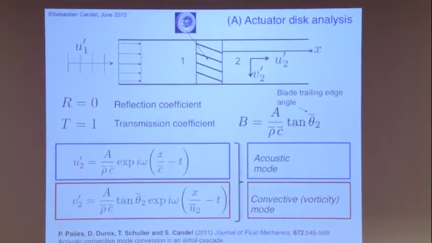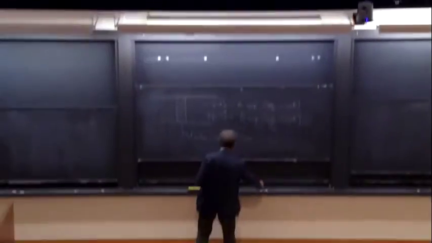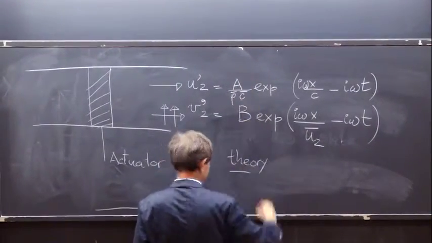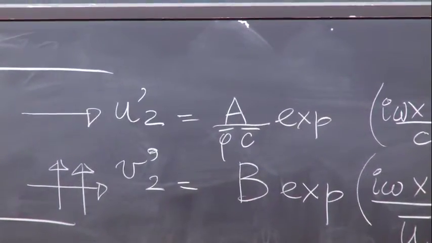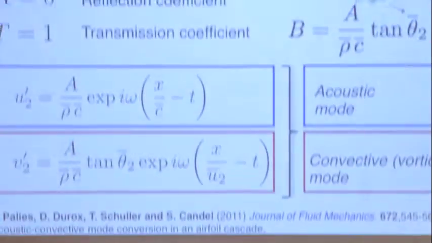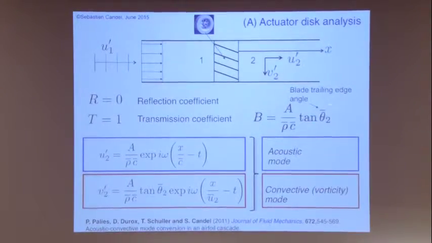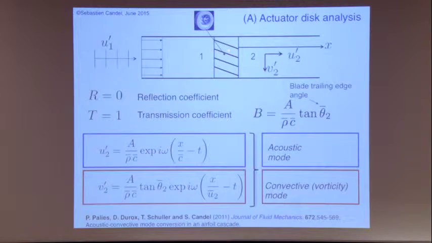So in fact, U prime 2 is also divided by rho 0 C. It's the velocity. So you have the impedance here. And you see that B is A over rho 0 C tangent of theta 2, and theta 2 is just the angle of the blades at the trailing edge of this cascade.